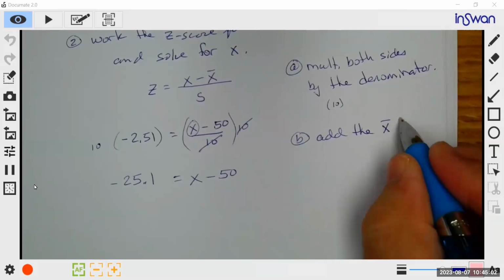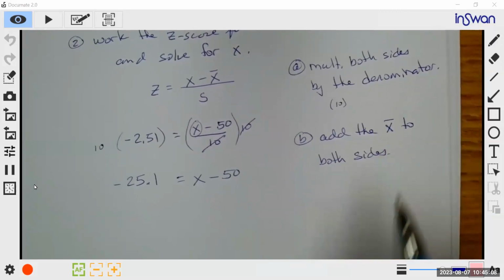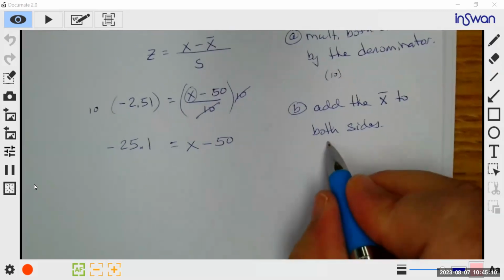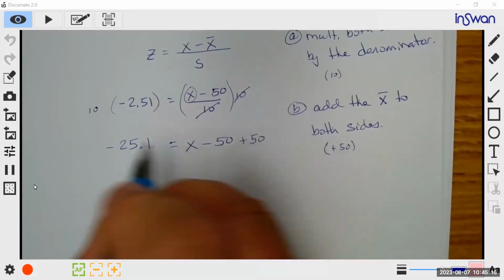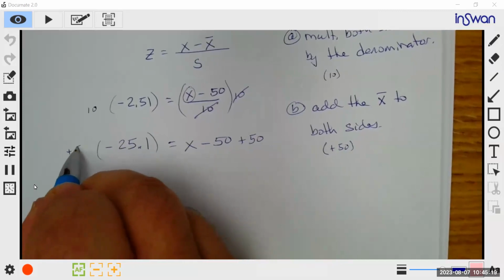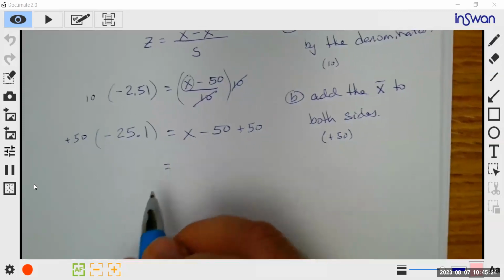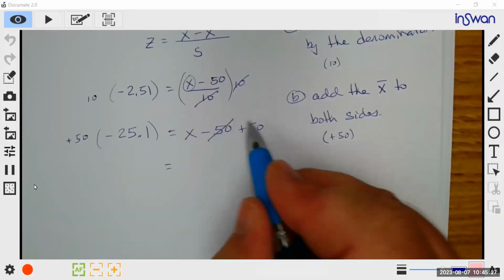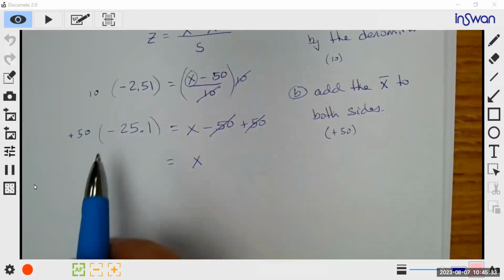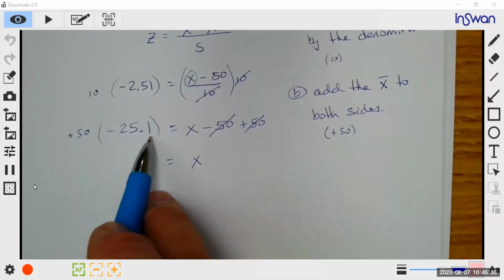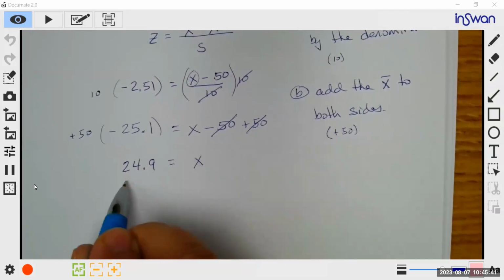Now add the x bar to both sides. In other words, we're going to add 50 to both sides. So add 50 here, add 50 here. With that, on the right-hand side, it gets our x by itself. So 50 minus 25.1 is 24.9.